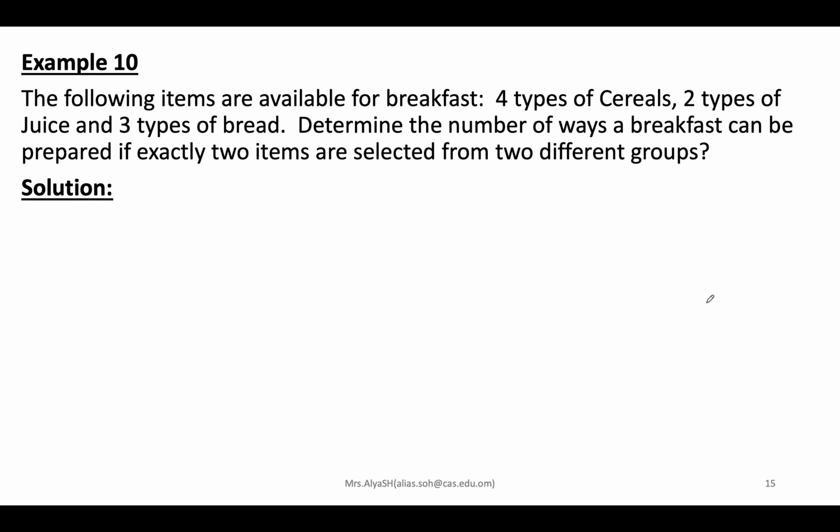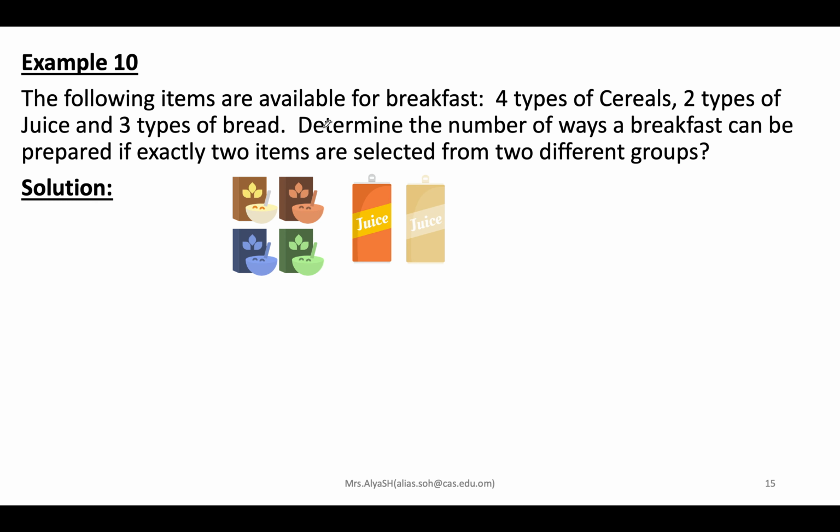Okay, now let's suppose I have the following items available for breakfast. There are 4 types of cereals, 2 types of juice, and 3 types of bread. Now we need to determine the number of ways a breakfast can be prepared if exactly 2 items are selected.